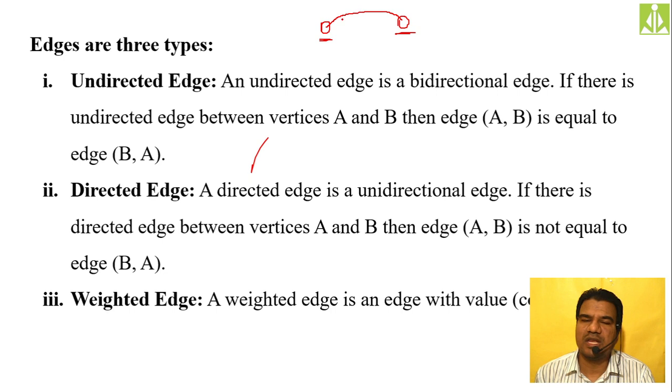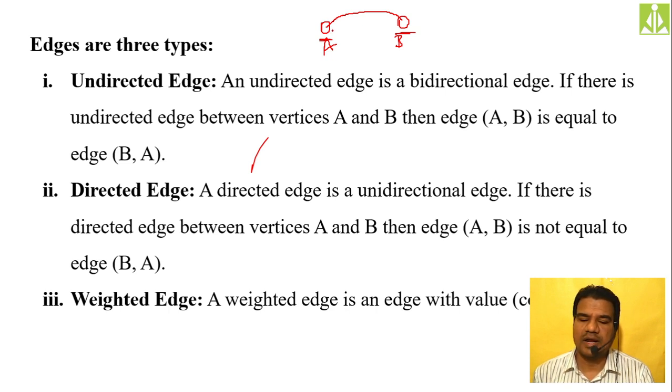As it does not have any direction, we can call it an undirected edge, or bidirected edge, because it represents two things, from A to B as well as from B to A. It does not make any difference. So it is an undirected edge where we do not have the direction.